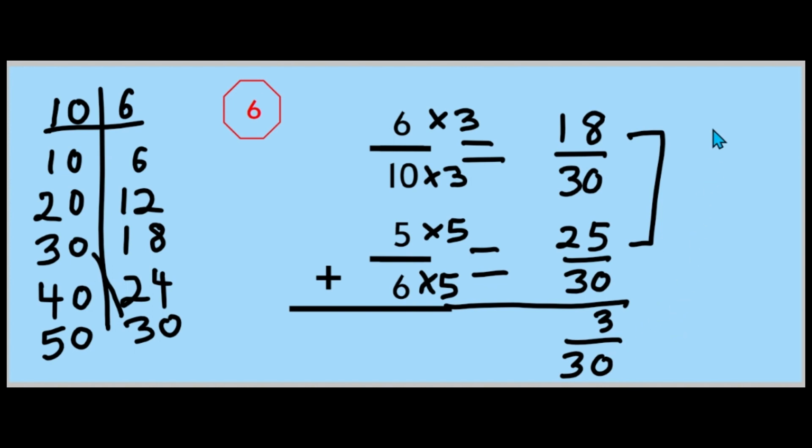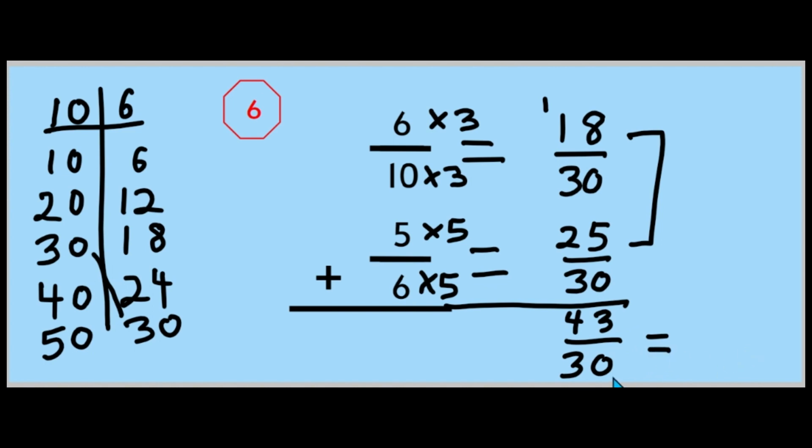And then I have to carry my 1. Because 8 plus 5 is 13. I write the 3 and I carry the 1. So 1 plus 1 equals 2. 2 plus 2 equals 4. 43. 43 over 30. They really don't like that as the answer.